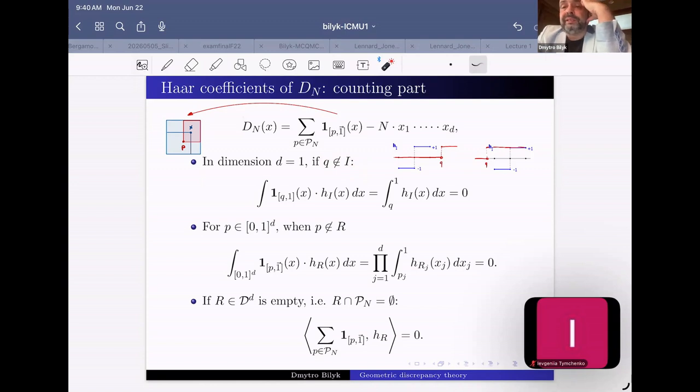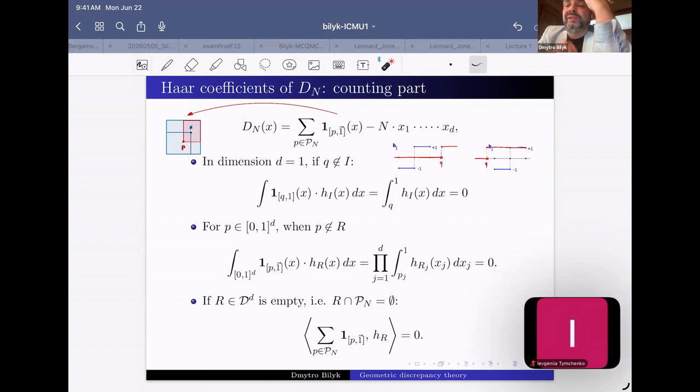Now you can easily extend it to higher dimensions. If you have a point that is not in the rectangle, then the integral of the product of these functions is going to be 0, because both functions break into products. This function is by definition a product of one-dimensional functions, so the integral breaks into a product of one-dimensional integrals, and at least one of these has to be 0.